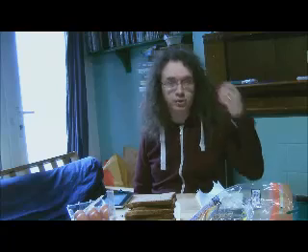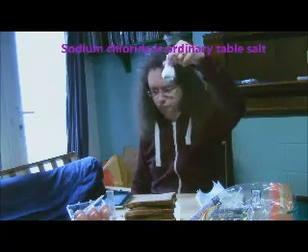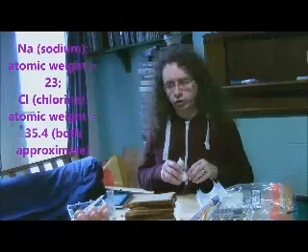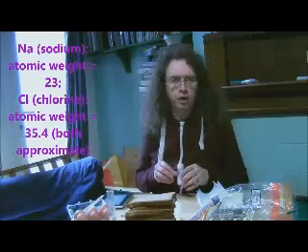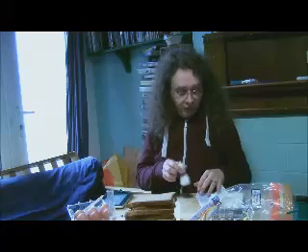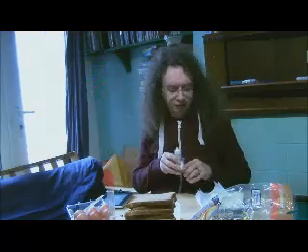Let's take another example. Let's have a mole of sodium chloride, or salt. A mole of salt consists of sodium and chlorine. So that's sodium with an atomic weight of 23, roughly, and chlorine with an atomic weight of 35.5, roughly.